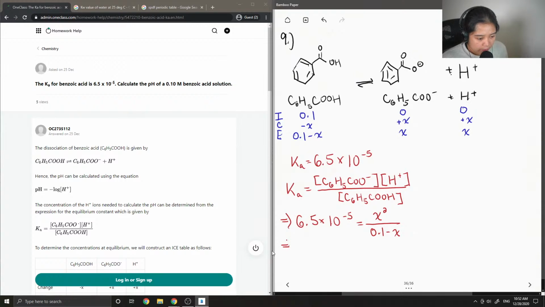So let me rewrite this equation as a quadratic.